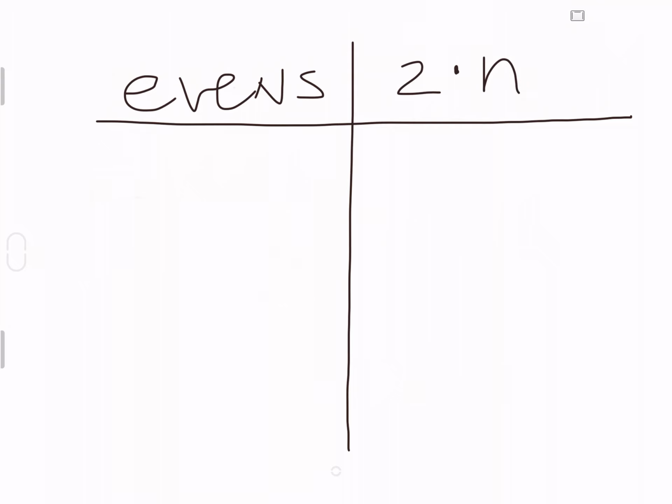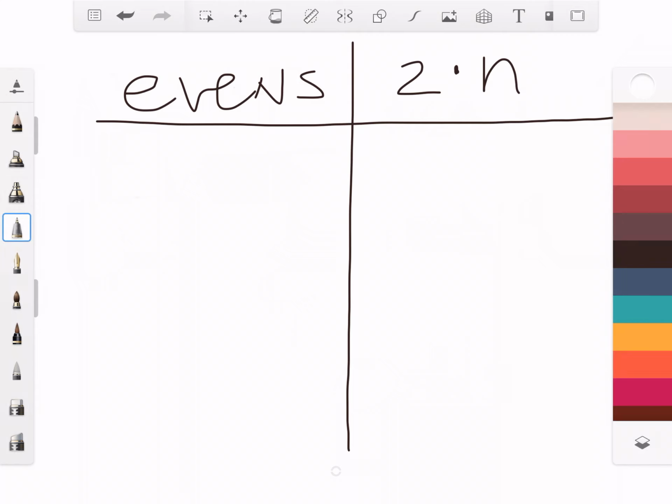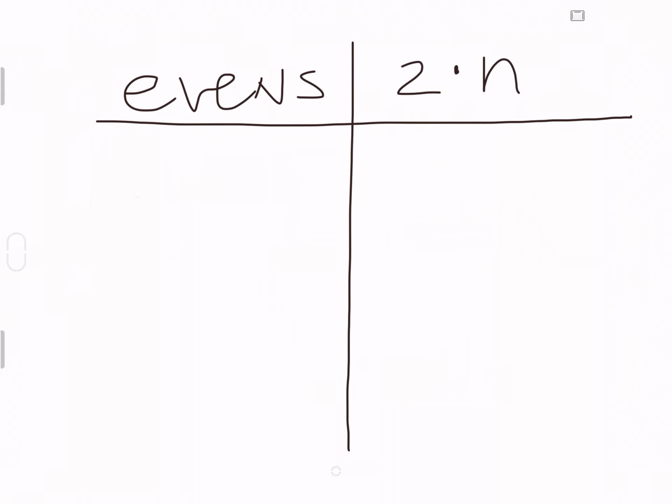Okay. So let's write down some evens. How about we start with 0, 2, 4, 6, dot, dot, dot. It goes on forever. There's infinitely many evens. And there's also the negative ones as well. Okay, we'll start with the positive ones and 0.